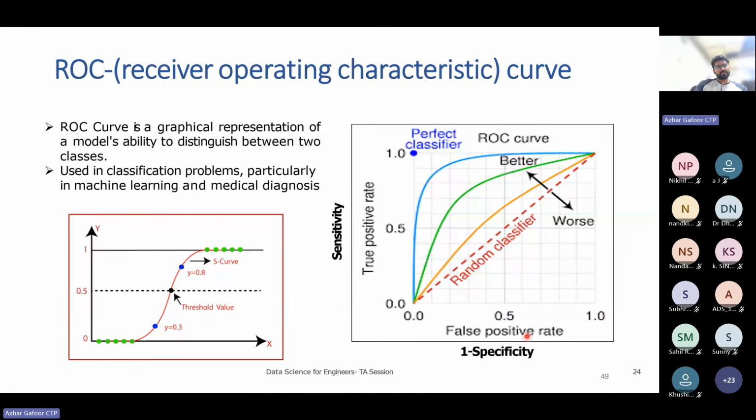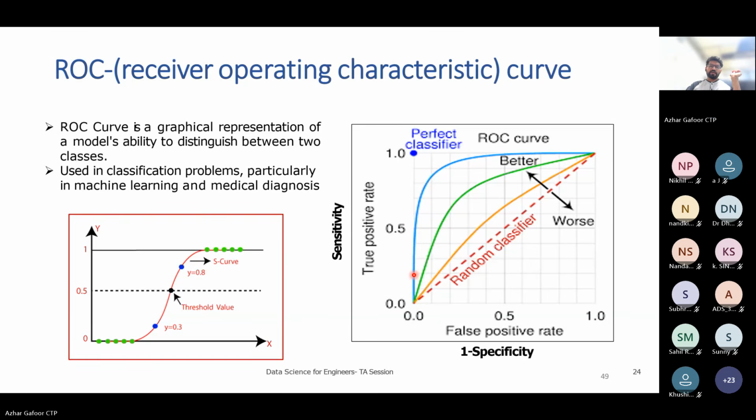The true positive rate shows how often the test is right when the answer is yes. A perfect classifier will have a true positive rate always equal to 1 and a false positive rate equal to 0.